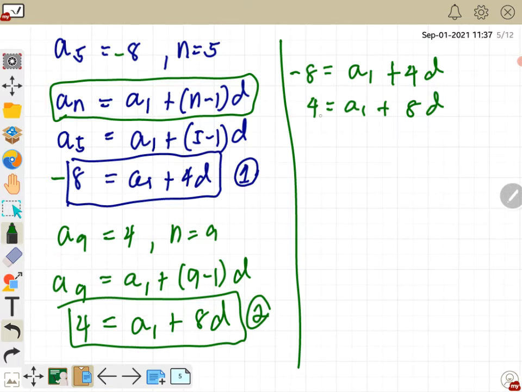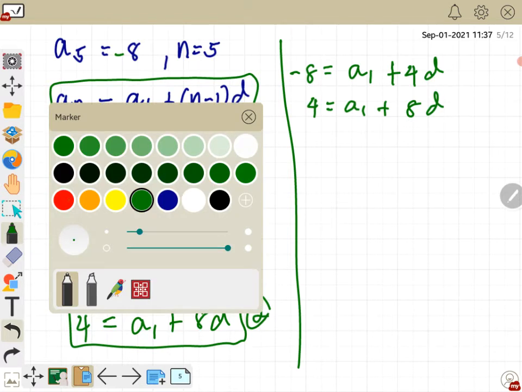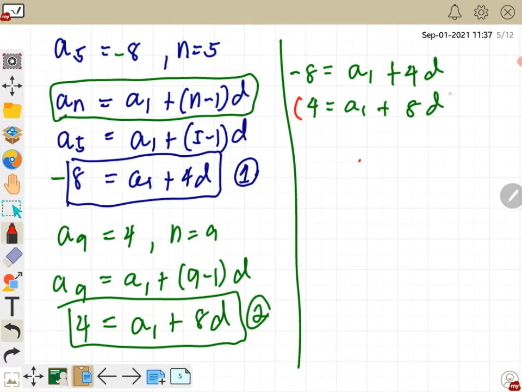So a sub 1 can be eliminated by subtraction. So let's subtract the two equations. Negative 8 minus 4 is negative 12, equals a sub 1 minus a sub 1 becomes 0, 4d minus 8d is negative 4d, and obviously d becomes positive 3.